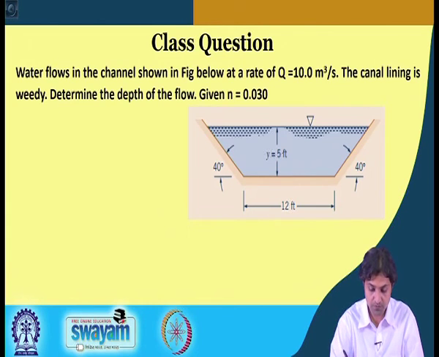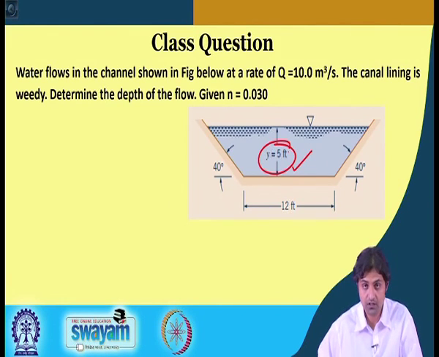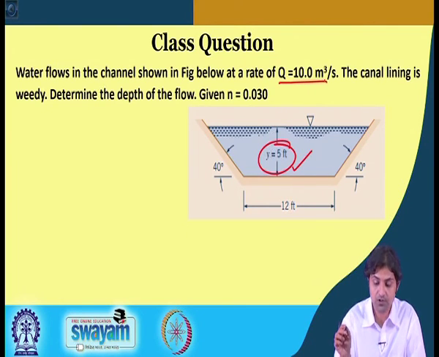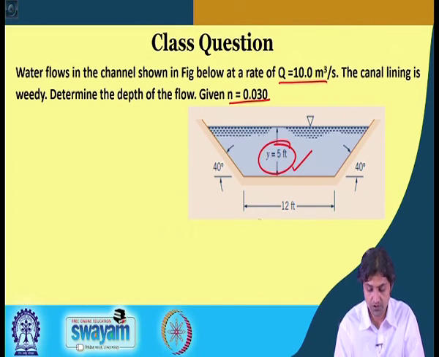Actually we have to find this y, which is given here, the solution is given, but with these values: Q is equal to 10 meters cube per second and n is equal to 0.030, this length is given as 12 feet. We have to calculate the y.